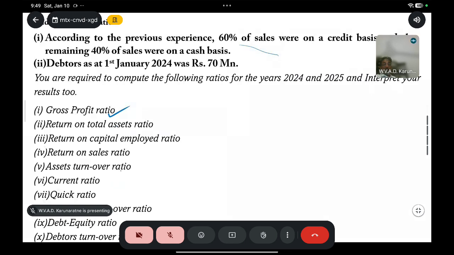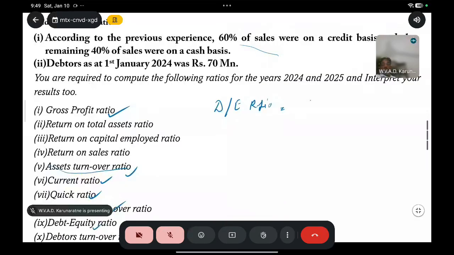Here, gross profit ratio we already calculated. Current ratio, quick ratio calculated. Not asset turnover, we calculated actually inventory turnover. Debt equity ratio.